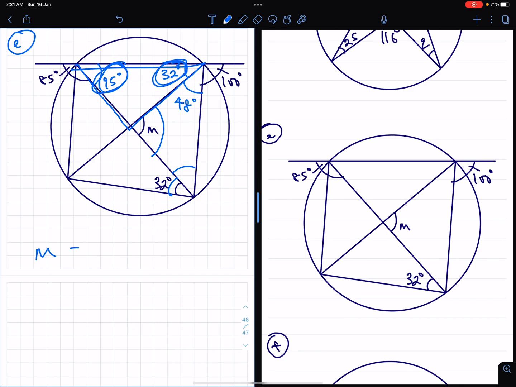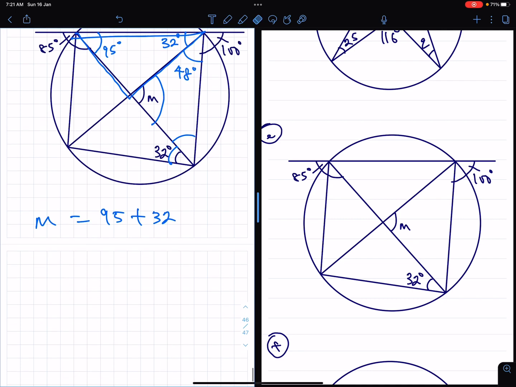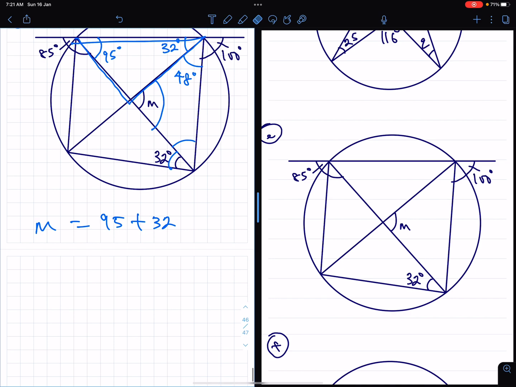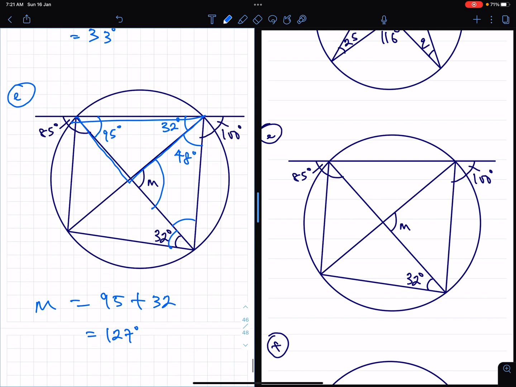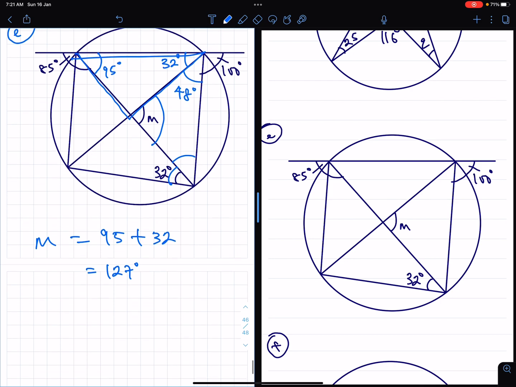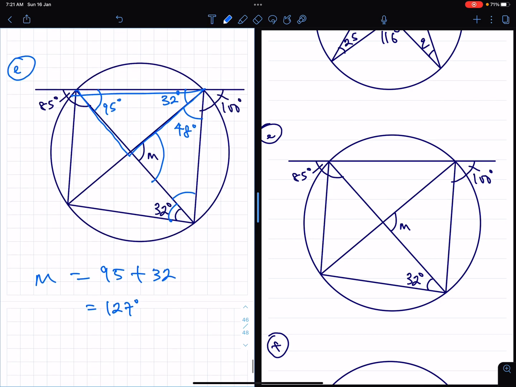So M equals 95 plus 32, and that's 127 degrees.